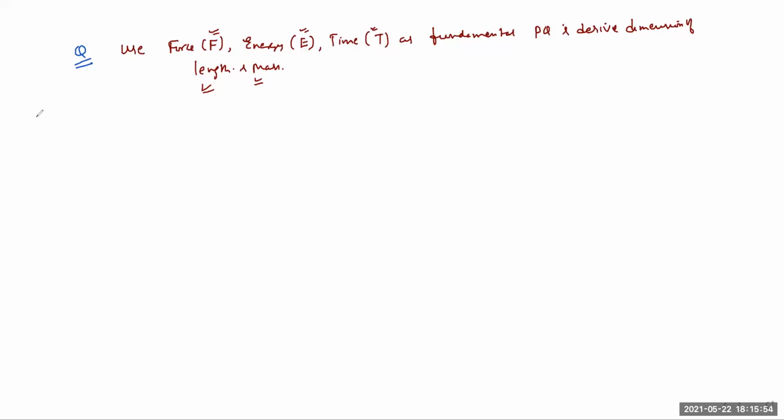Yes, the length and mass depend on these three fundamental quantities, so you have to use all three. If it is not depending, the answer will be zero. The power will be zero. If you solve it and the power is zero, then you can say, okay, it is not depending. You gave me unnecessary ingredients, so you can blame me later on.